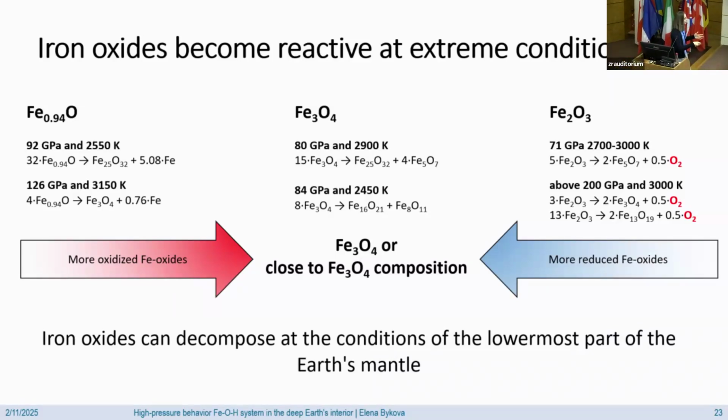And typically they decompose in a very interesting way: the final chemical composition, regardless of what we started with, ends up as Fe3O4 or compositions closer to Fe3O4, either with release of iron or with release of oxidizing material. It's written here as oxygen, but nevertheless, it's just a very stable composition at this pressure.